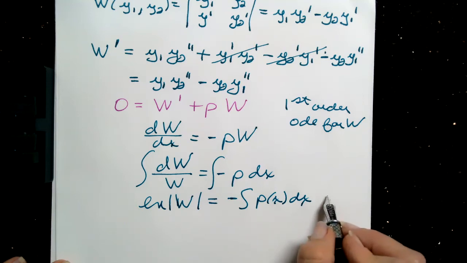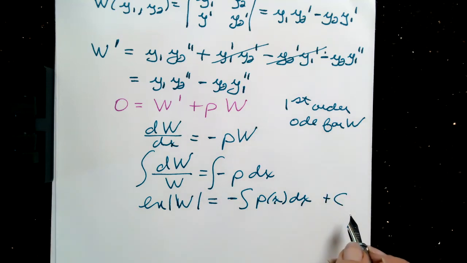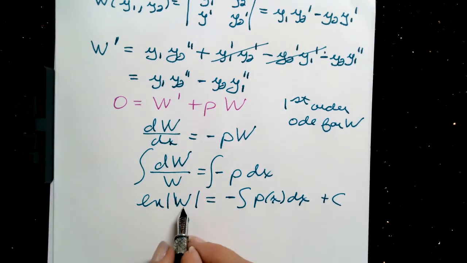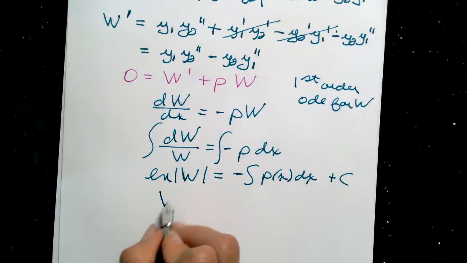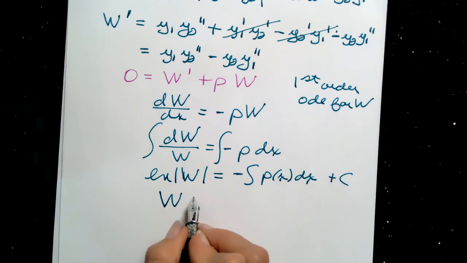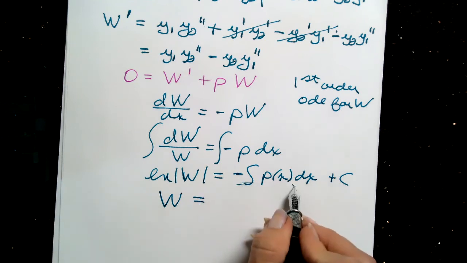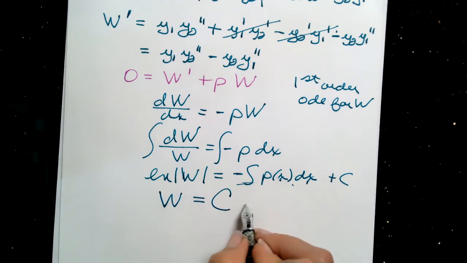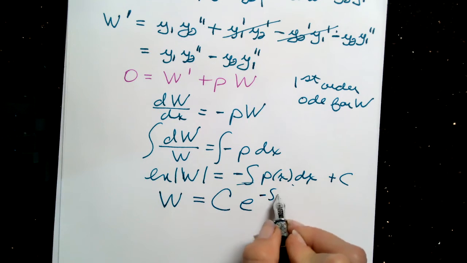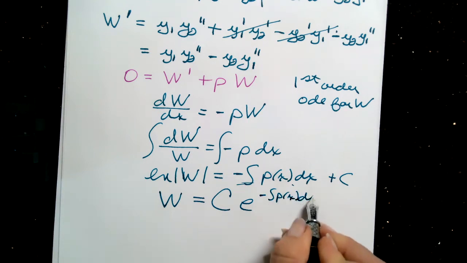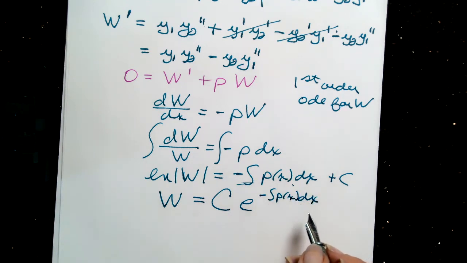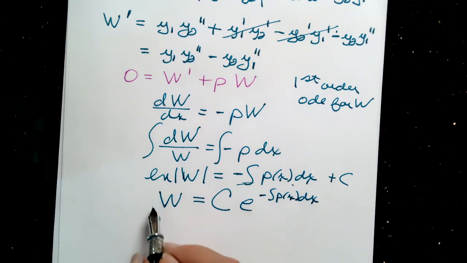Okay, all right, so now when I exponentiate, I will get W on this side. On this side, I will get e to the minus integral p of x times e to the C, which is another constant, times e to the minus integral p of x dx. Because e to the C is just another constant, so I write it like this. And that's exactly what we wanted to show.